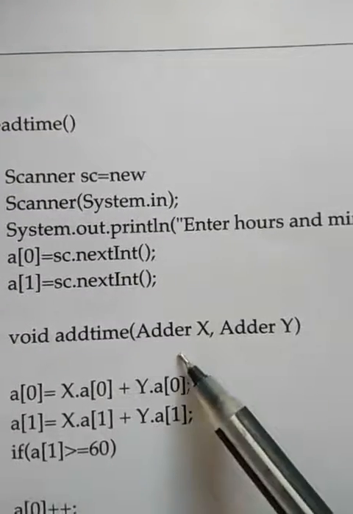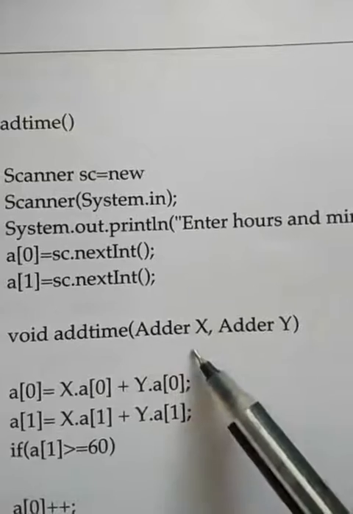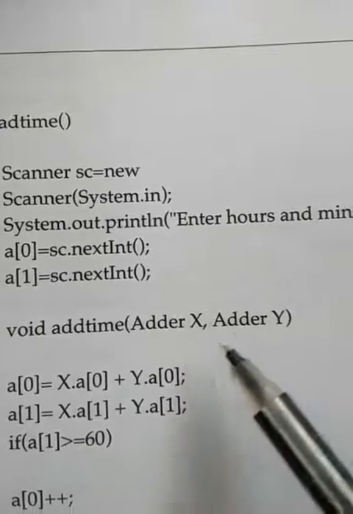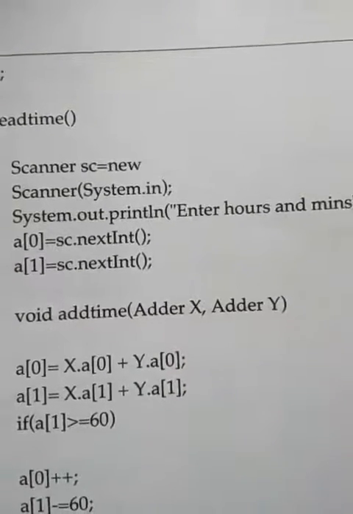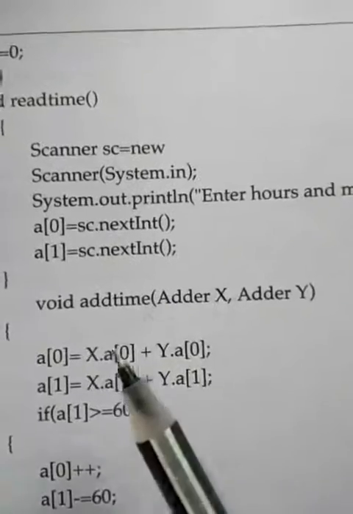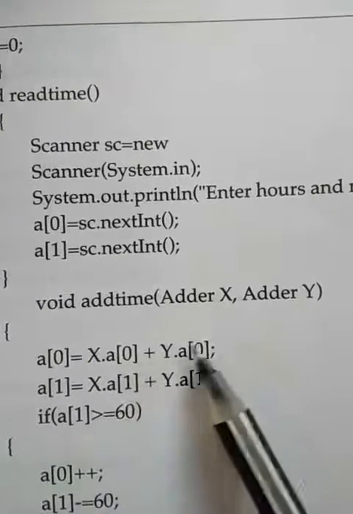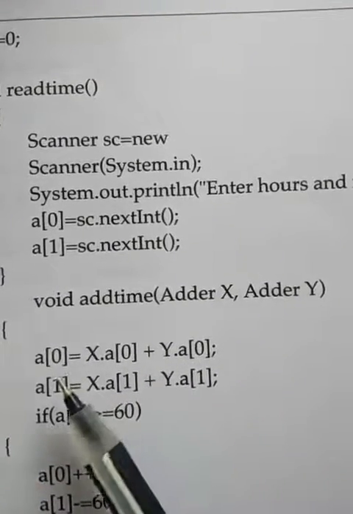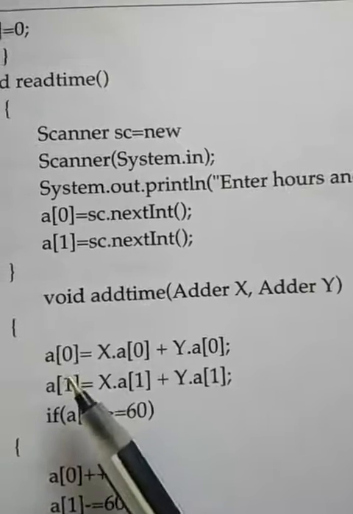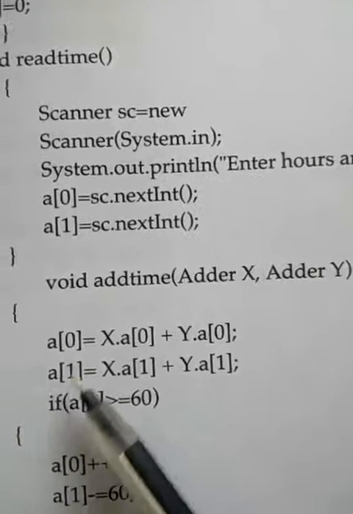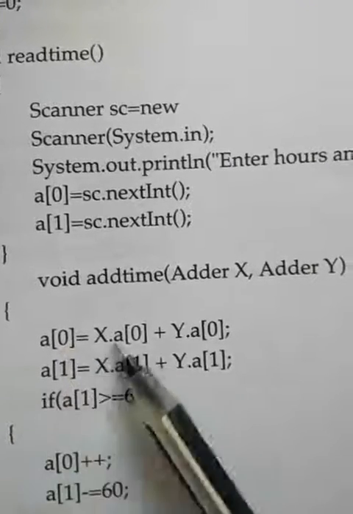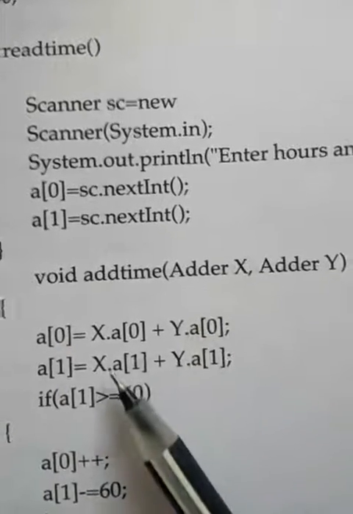Now the addTime: there are two objects coming. In one object there will be hour and minutes. In the second object there will also be hour and minute. So we are adding the hours, and finally the value is stored in a of 0. This will be the current object and these are the passing objects.